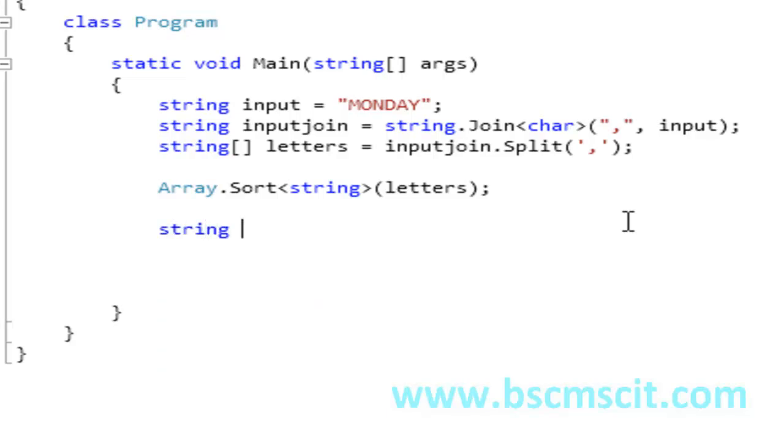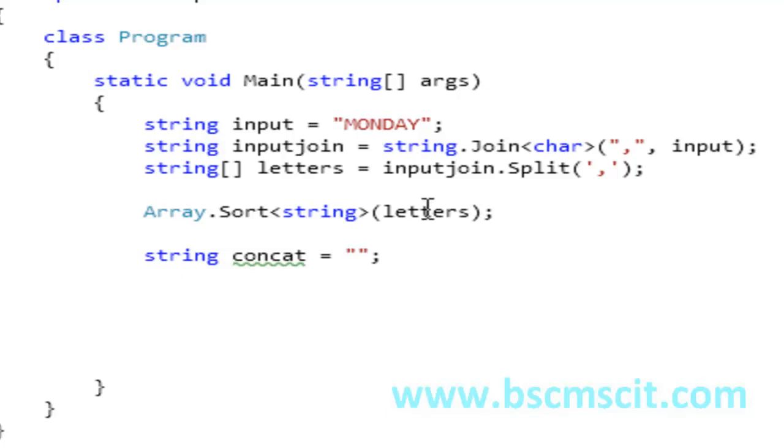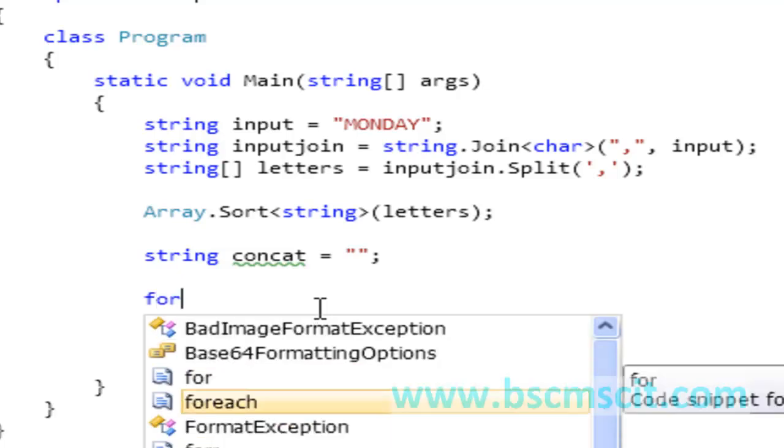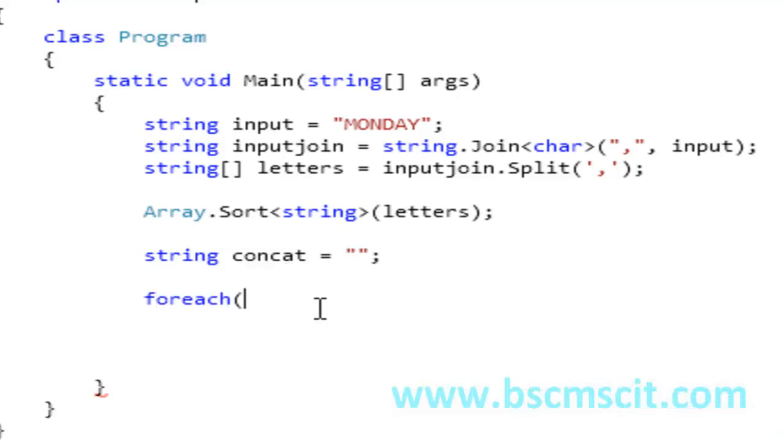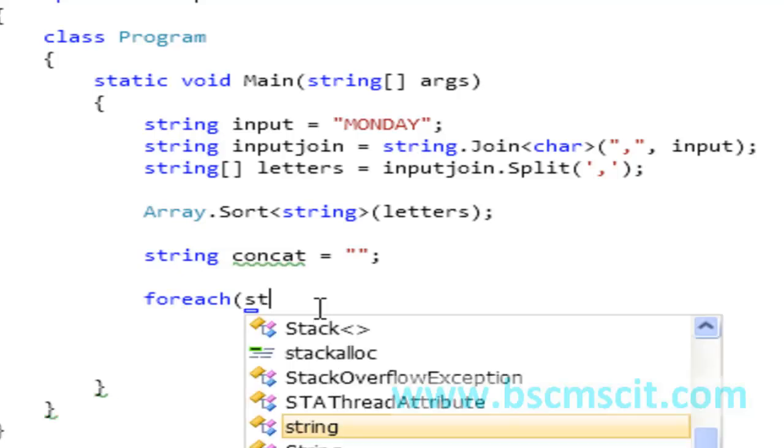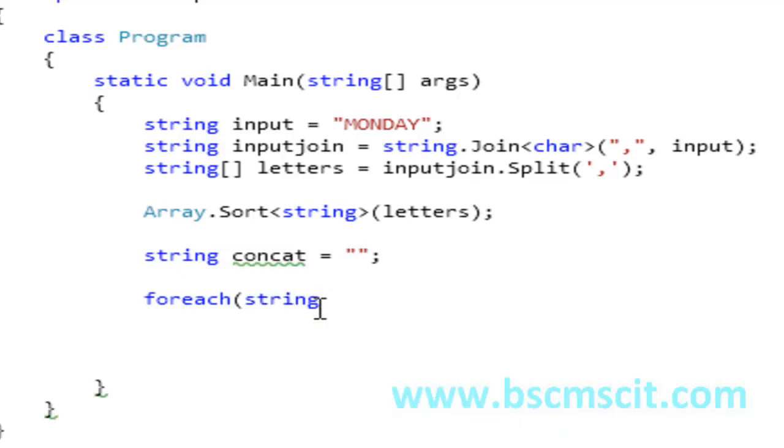I will use a new variable, string concat. Now that we have sorted our array, letters, we need to fetch the values from the array. For fetching values from an array, we will use a foreach loop. Use a foreach loop when you want to fetch values from an array.